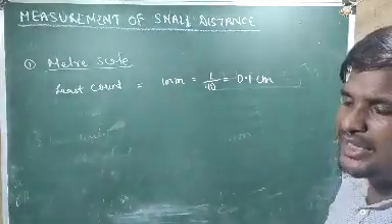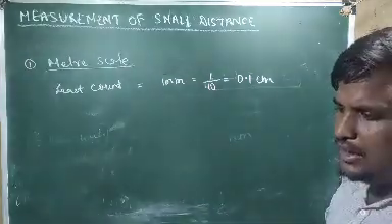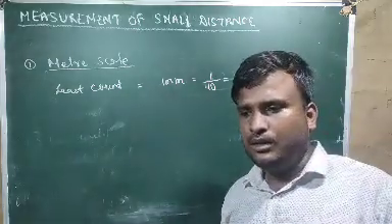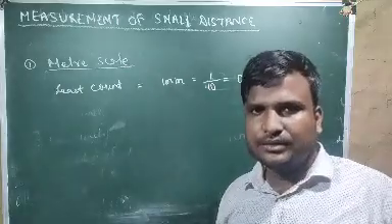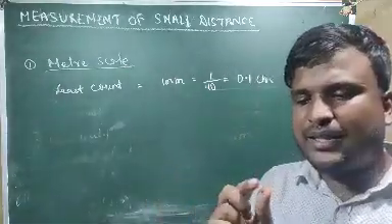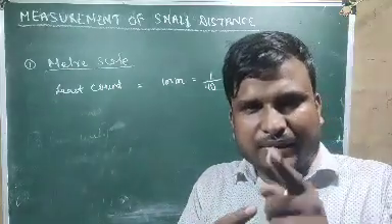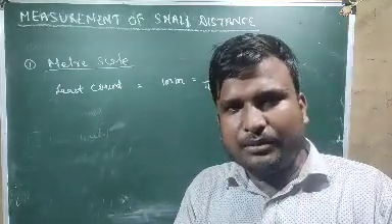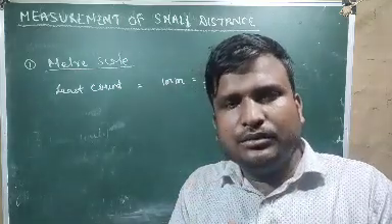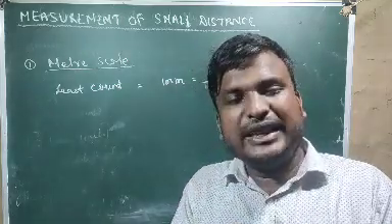Now suppose this 1 millimeter, the smallest division made in the meter scale, is divided into 10 parts.